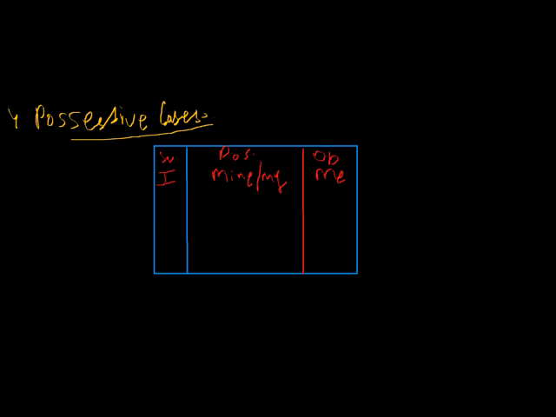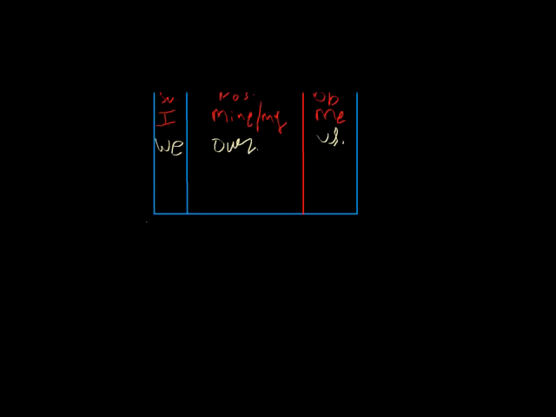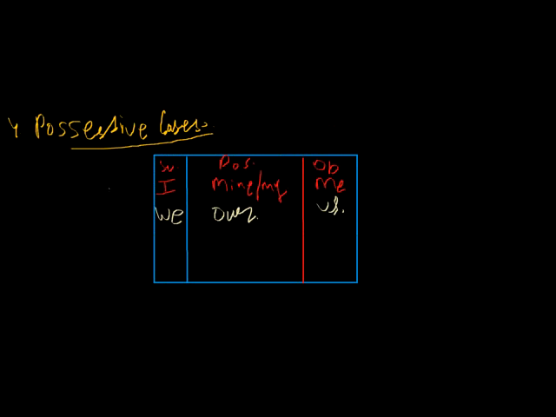Likewise, we have, let's say, we. It will be called here our, and there us. So likewise, possessive shows the work of possession, the highest degree.